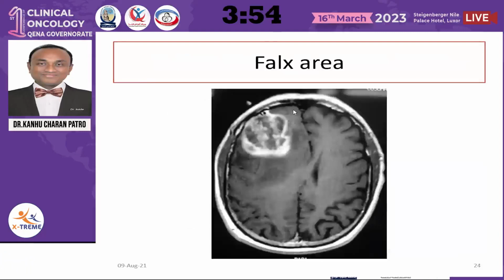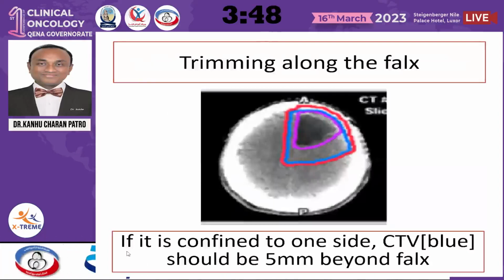The falx area is also always confusing, whether to include or go to the opposite side or not. You can see here that if it is confined to one side, CTV should be 5 mm beyond the falx. So it should go beyond 5 mm along the falx.